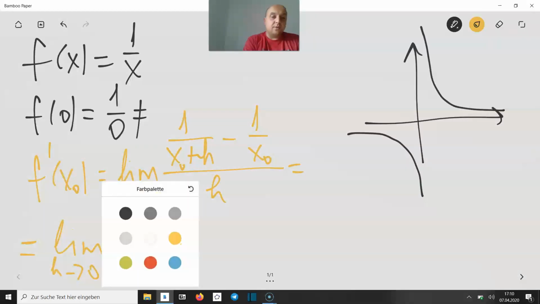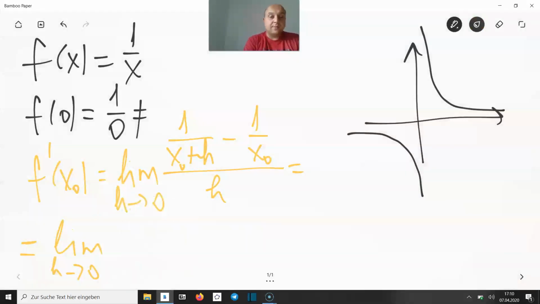It's very important everywhere in mathematics and in life. We multiply by 1. Multiplication by 1 isn't changing anything, so I multiply in this case by x0 divided by x0, and in this case by x0 plus h divided over x0 plus h.